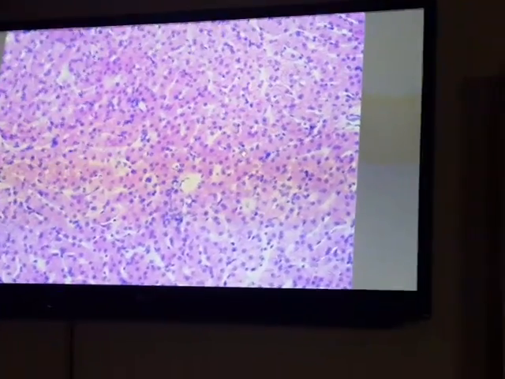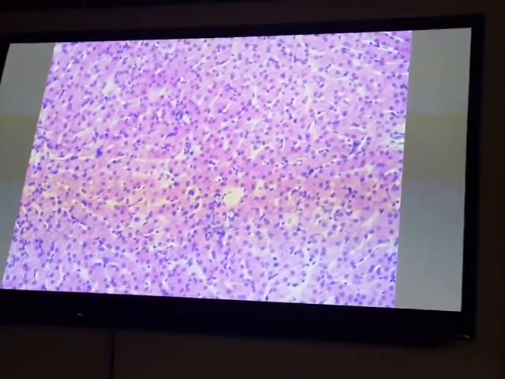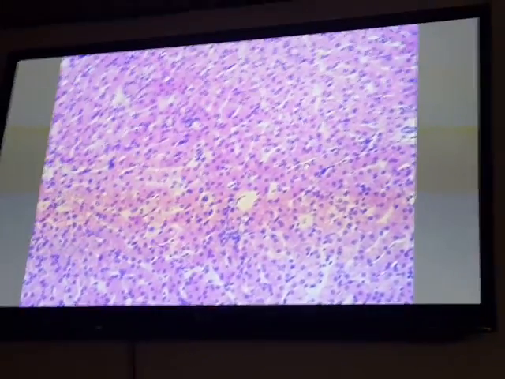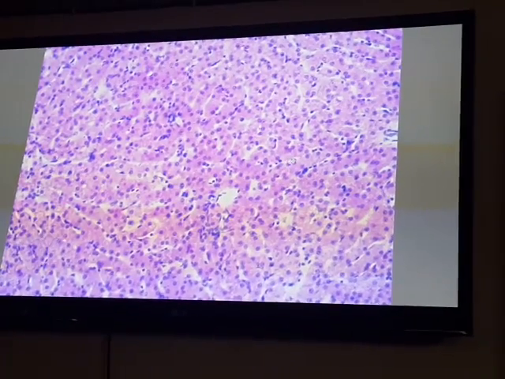Between the plates of hepatocytes, we have spaces. These spaces are liver sinusoids.